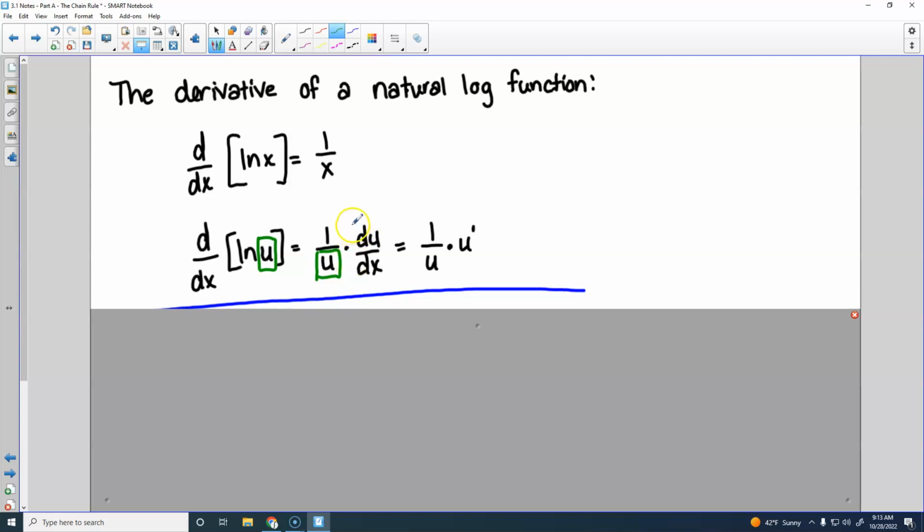That can either be written this way, du over dx, the derivative of u, or I prefer this notation right here, the u prime. That also just means the derivative of u. So it's written twice there just because it's different notation that you might see.